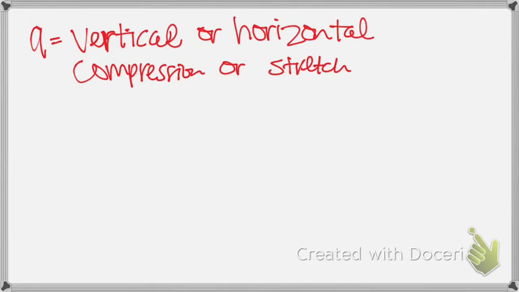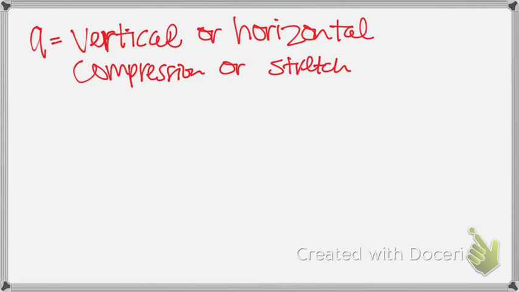And if A is negative, it does 2 things: flips and whatever the number is. If it is vertical, is the A value on the inside or on the outside? It is on the outside. If it is horizontal, it is on the inside. Okay?